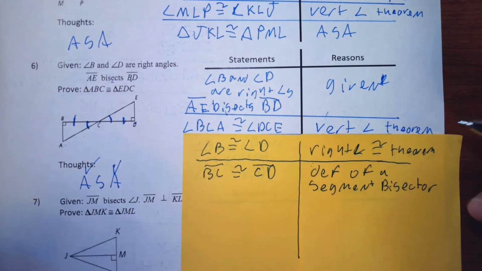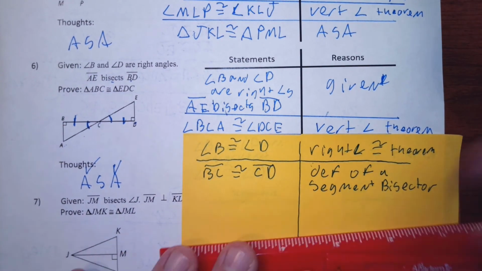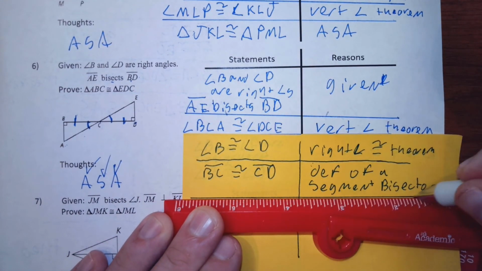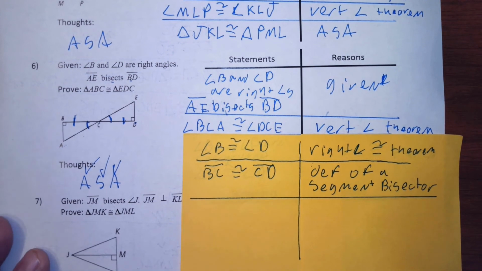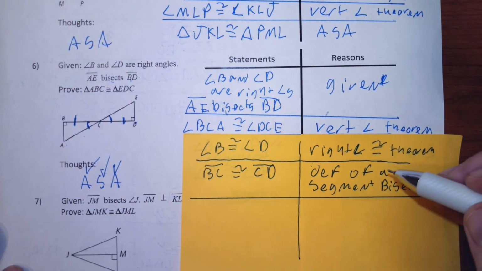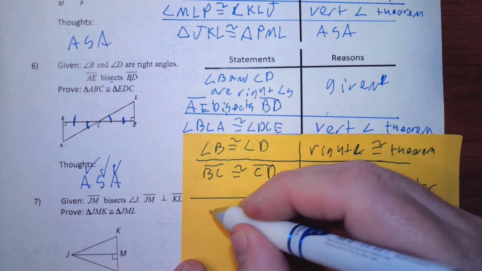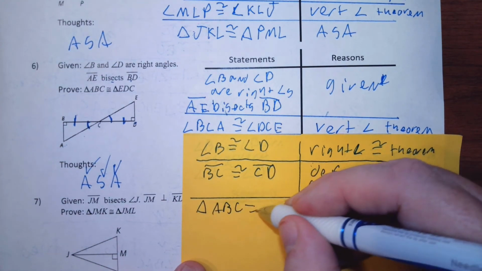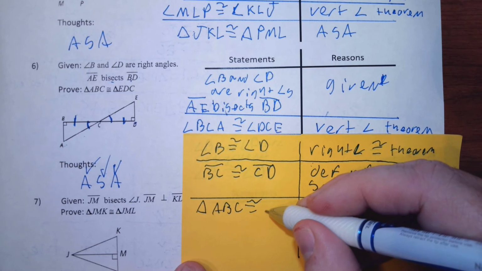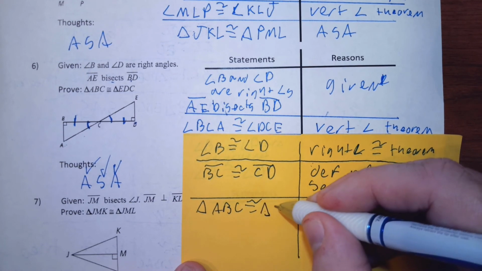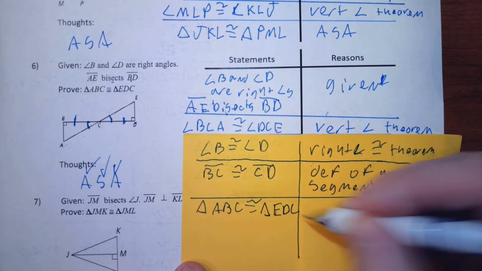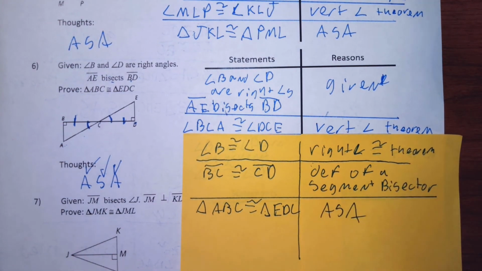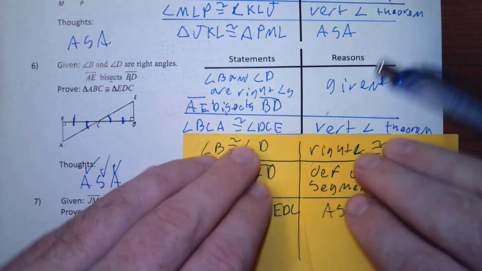And then we're going to finish this off here because that gets us our side. And we are good. So let's finish it off. Triangle ABC is congruent to triangle EDC. And that is because of ASA. All right, we did that. All right, great.